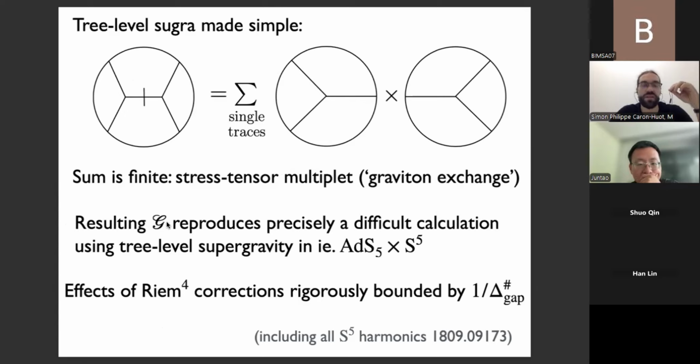And the thing you get out of this inversion formula reproduces precisely a difficult calculation that was done before using tree-level Feynman rules of supergravity in AdS5 cross S5. The other thing that comes out is that you can control the corrections. I will come back to that. It has also been generalized to understand all sorts of spherical harmonics on the S5, all sorts of developments here that I will skip. But there's some very nice structure in these objects.